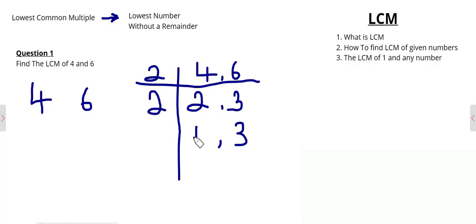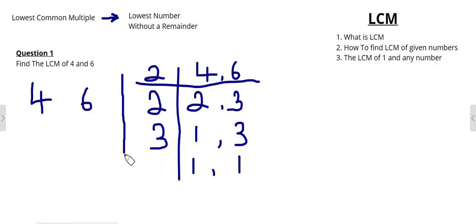Now we have 1 here, so we're no longer interested in dividing 1, we're interested in dividing 3. The number that can divide 3 is 3. Since 1 cannot be divided by 3 without a remainder, we bring down 1, and 3 divided by 3 gives us 1.